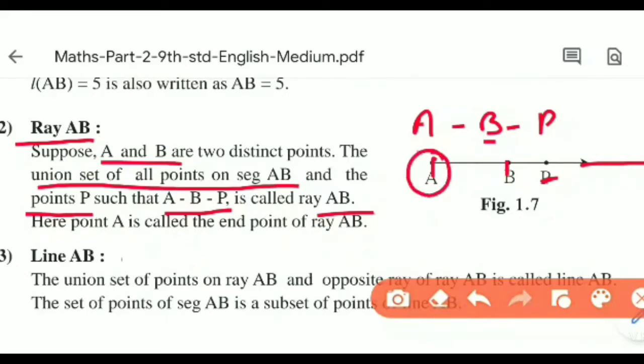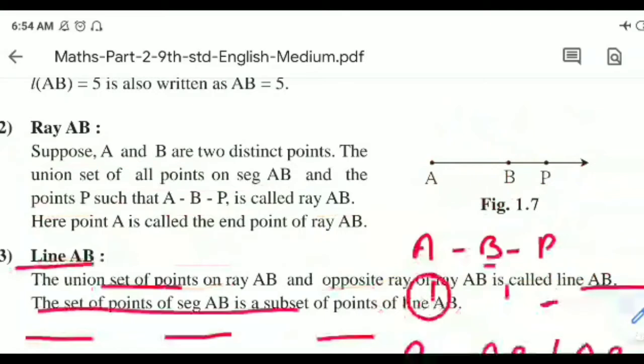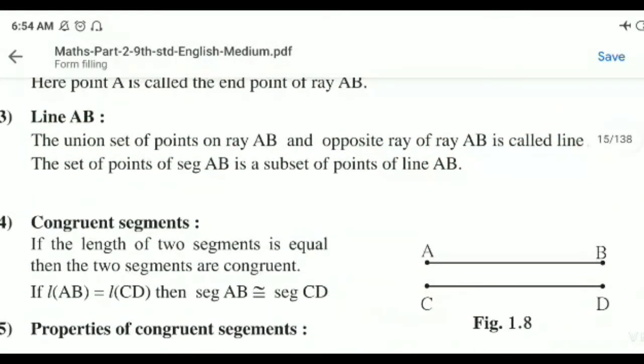We can read it as ray AB or ray AP, because P is on it, but we cannot read it as BA or PA. Understand?